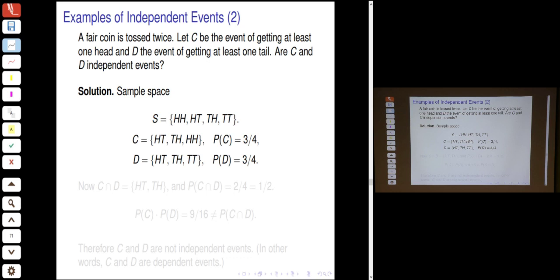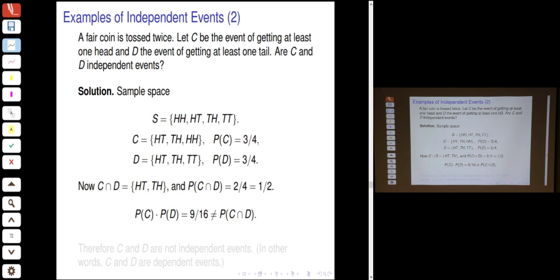Now, C, as I said, you could have the first time head, you could have second time head, or you have both time head. So C is the set of these three elements. So the probability of C is 3/4. Similarly, the probability of D is 3/4. Now, what is the intersection? The intersection will be at least one head and at least one tail.